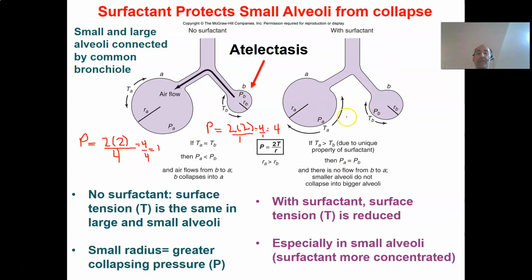Now what happens? This is with no surfactant. On the right side, if you redo the same thing, now you have surfactant involved. Let's imagine that the surface tension decreases. The surface tension decrease in the large alveolus is going to be less than that in the small alveolus, because there's less surfactant concentrated around it. It's spread out more.